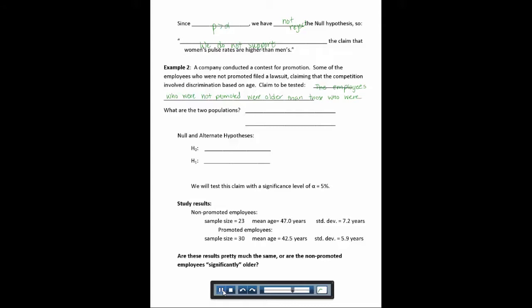We have two populations here. Let 1 be the employees who were not promoted, and 2 the employees who were promoted.